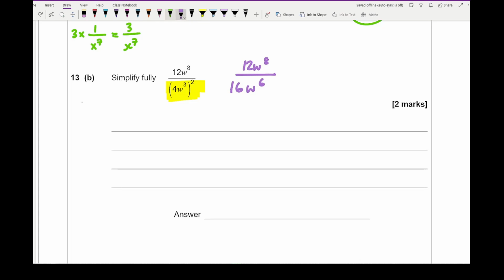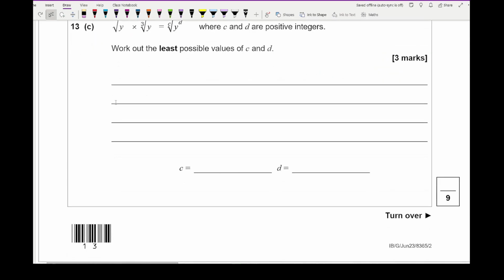Now from this, we want to simplify the two terms. What goes into both 12 and 16 is 4. So we can change that to a 3, change that to a 4. We can then take away the powers. So what we're left with is 3w squared divided by 4, and there is my final answer. Or alternatively, you could write it as a decimal as 0.75 w squared. So either of those two answers will be absolutely fine.